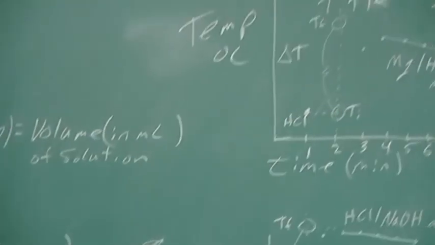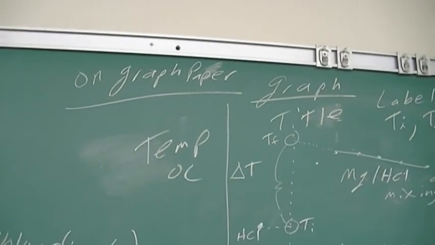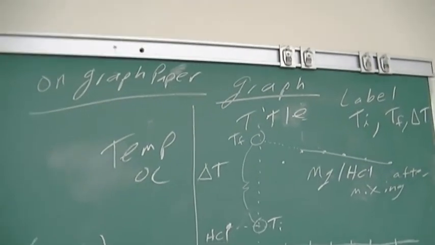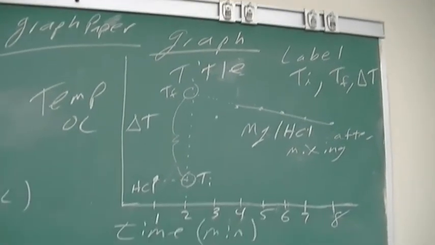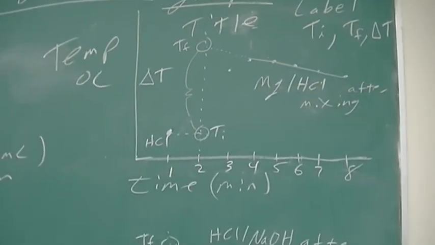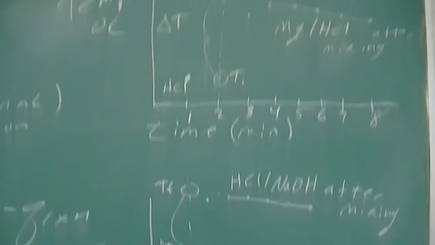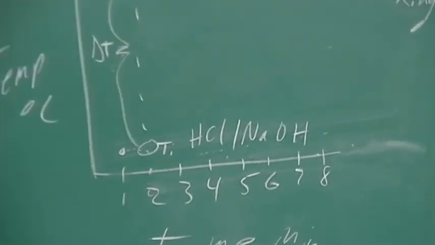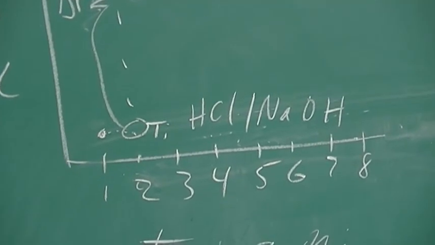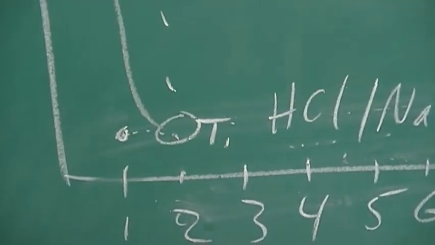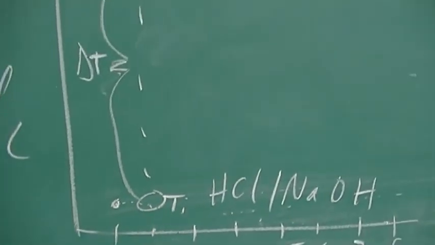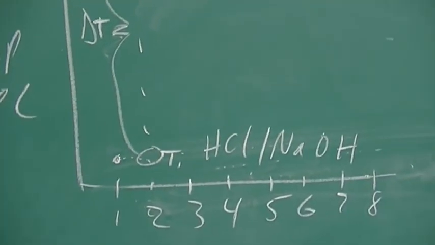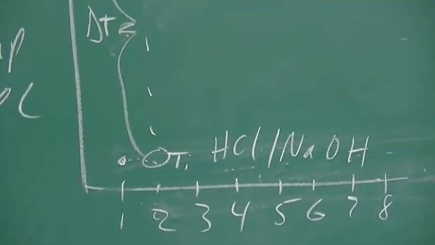So now you will have to turn in 2 graphs. The first one is going to be relatively simple because we didn't have any temperature change. We simply started, down here was the first one, with our HCl and NaOH at 19. That is labeled as temperature initial. And then we mixed HCl and NaOH, the same temperature at 19.